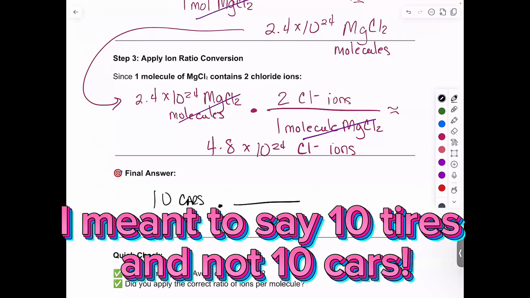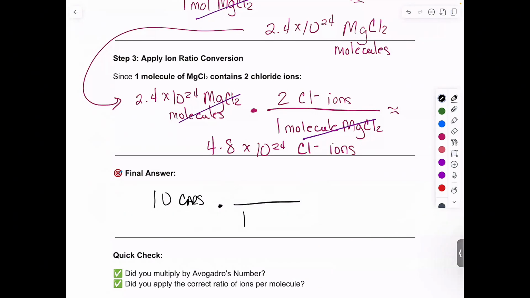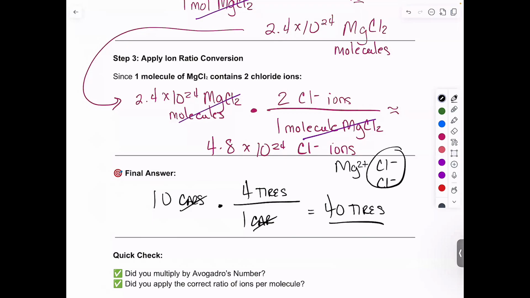I have 4 tires for every one car. So in the end, I have 40 tires. I'm just applying that ratio to determine the number of tires. I actually split apart 2 pieces. So we're just breaking it apart and applying that conversion factor.